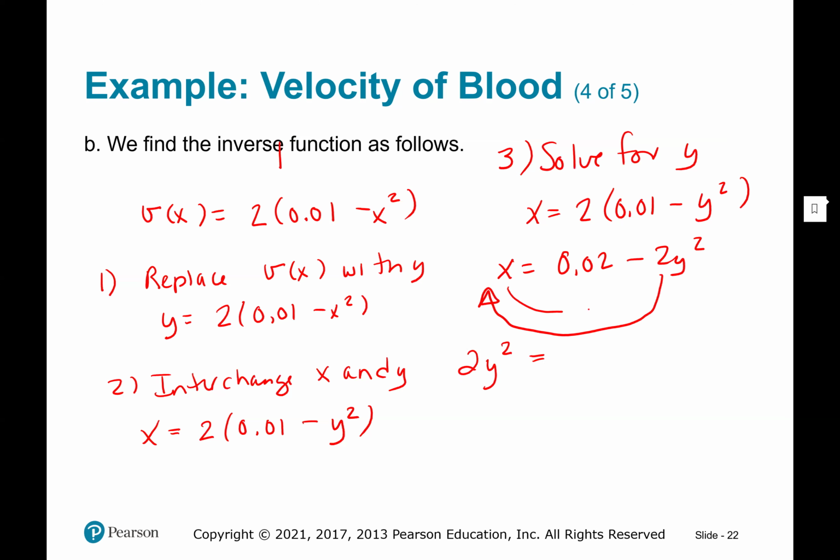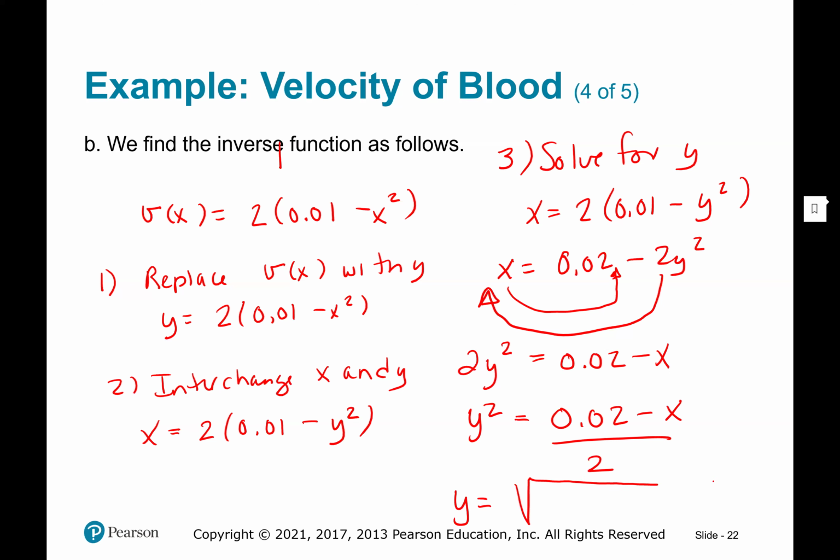And I'm going to move the x over here by subtracting it. And I still have to divide by 2. So we're going to divide by 2. And then we're going to take the square root.